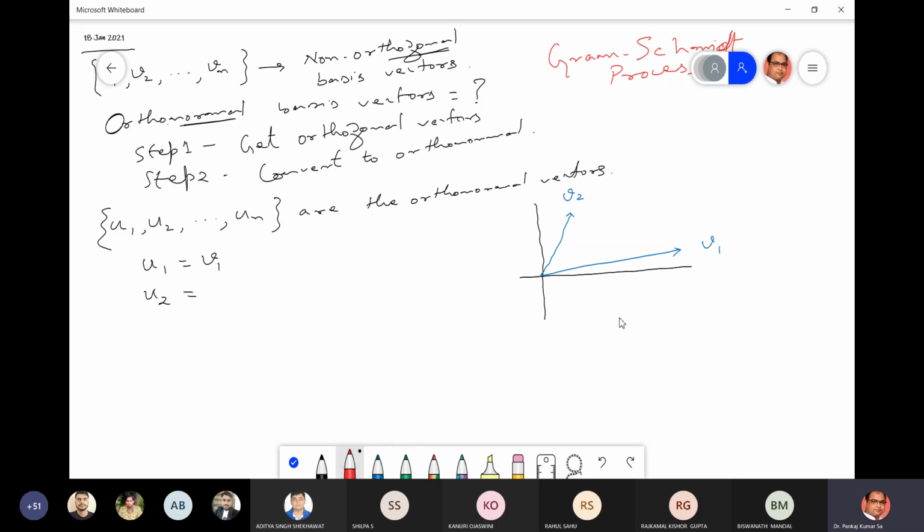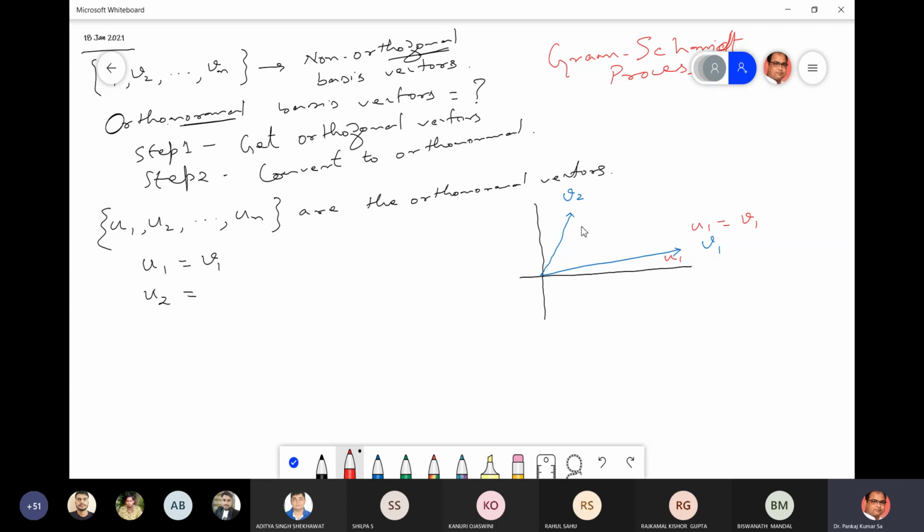As per my steps, I have taken this vector V1, U1 is equal to V1. This is what I have written. So this is my U1 vector. Now I need to find U2 in terms of V2.